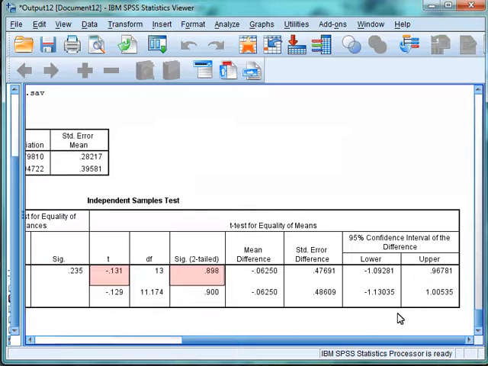As this is above 0.05, this means that there are no significant differences between males and females in their scores of cognitive anxiety. The t-statistic is negative because the group with the higher code, so 2, which is females, has higher cognitive anxiety.